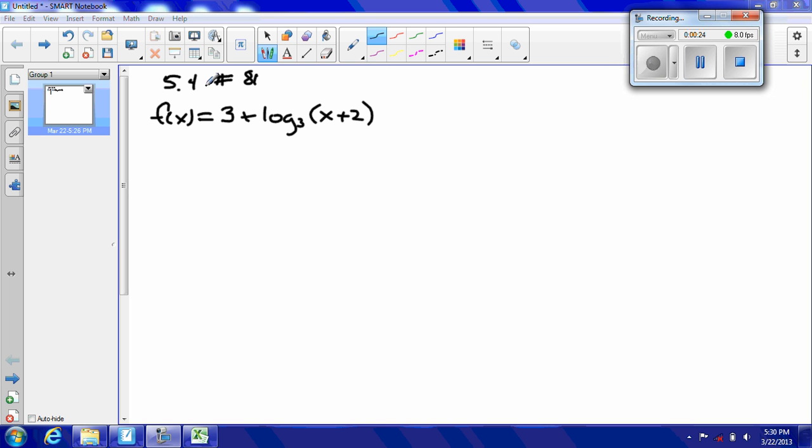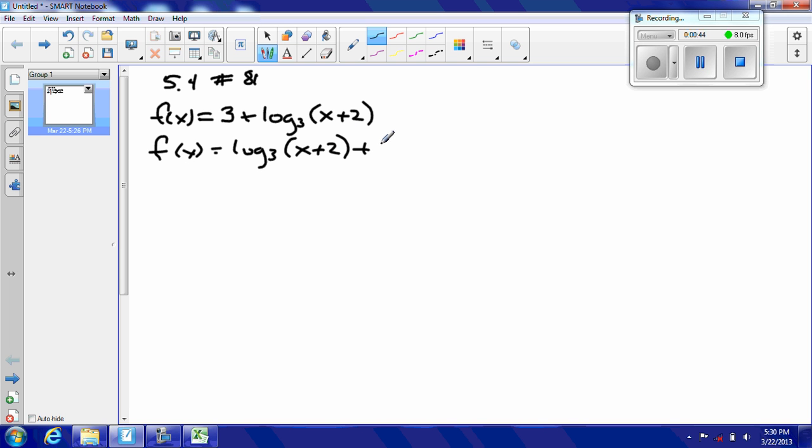So here's f of x. I'm going to start out by changing this around a little bit because sometimes they try and trick us. This is really the same thing as f of x equals log base 3 of x plus 2, plus 3.